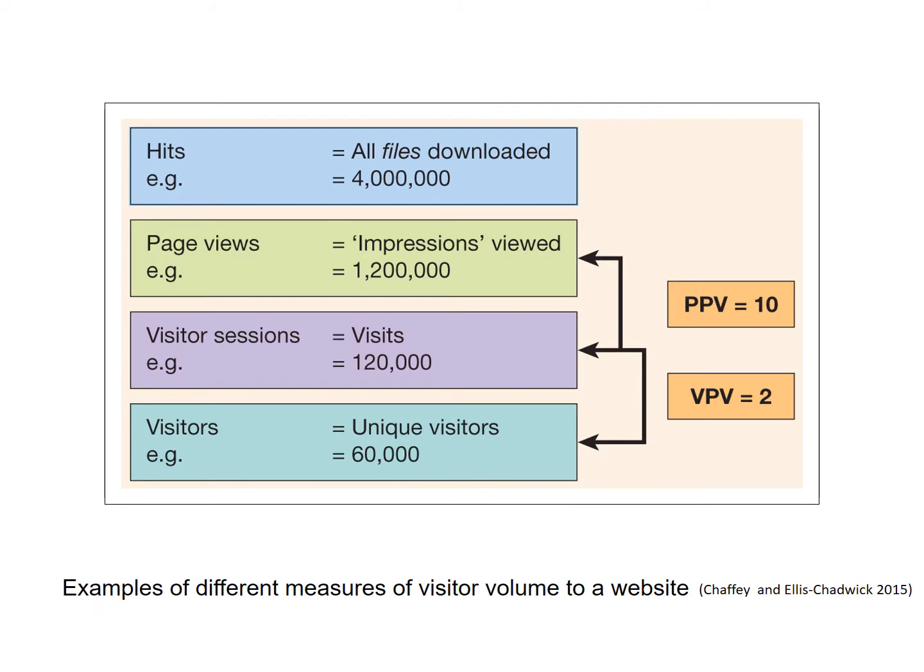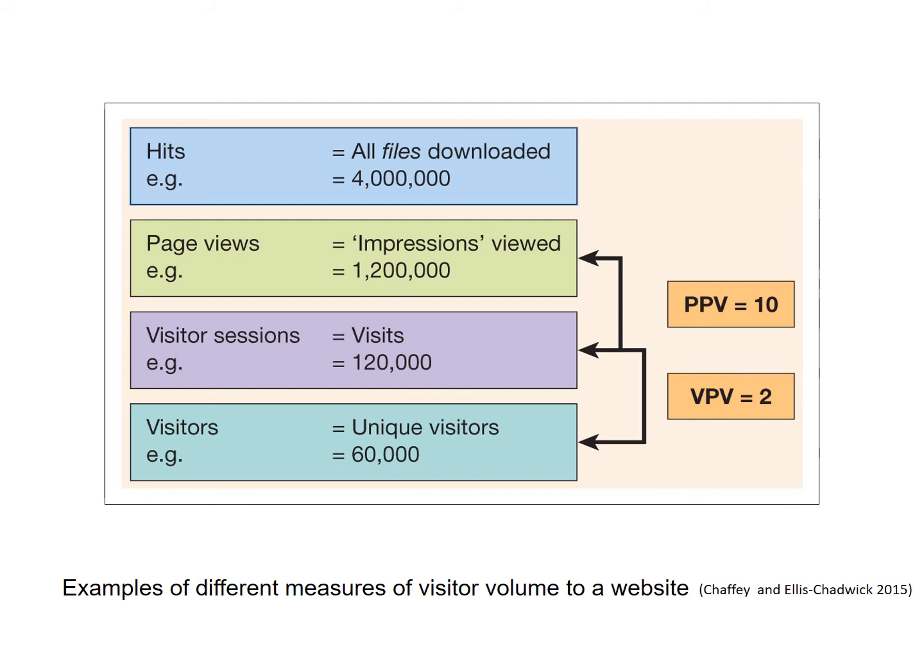So here are examples of different measures of visitor volumes to our website. And again, we had number of hits. For instance, hits could be 4 million hits. But page impressions, in terms of viewed, 1.2 million from the 4 million. And then visits, actually people visiting from the page impressions, it's 120,000, which represents 10%.